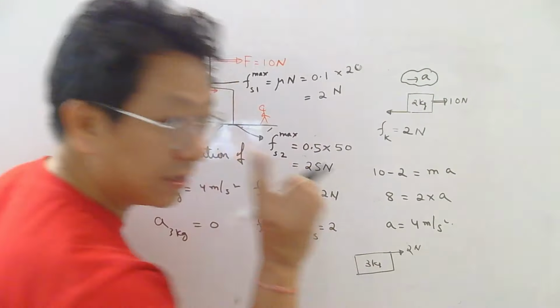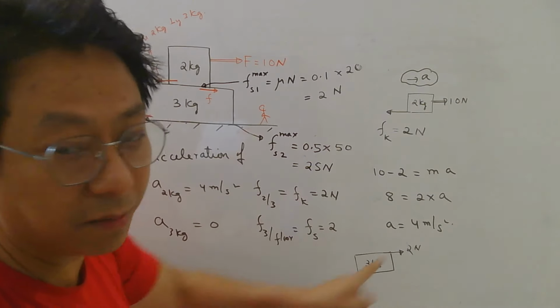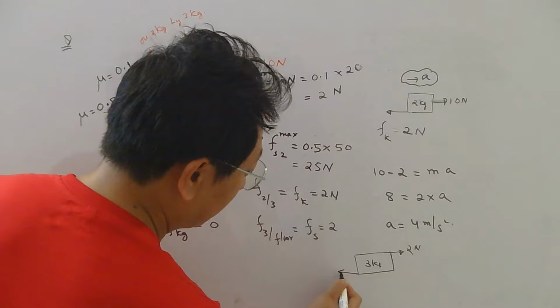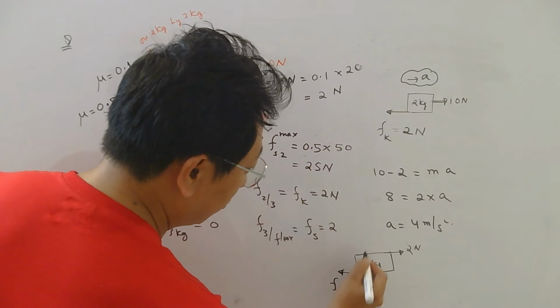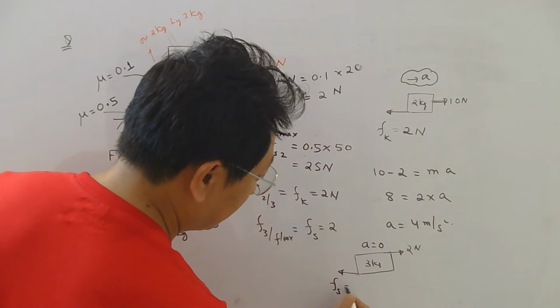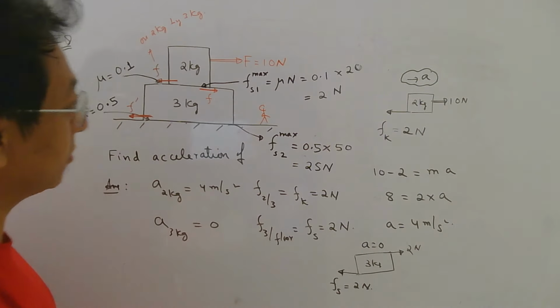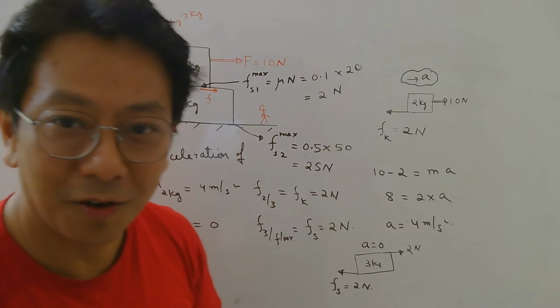In this surface there is slipping, so friction will be kinetic, remember. But here there is no slipping, so here friction is static. And how much does it need to be to keep this at 0 acceleration? Exactly equal to 2 Newton. Okay, so this is how we can solve the question.